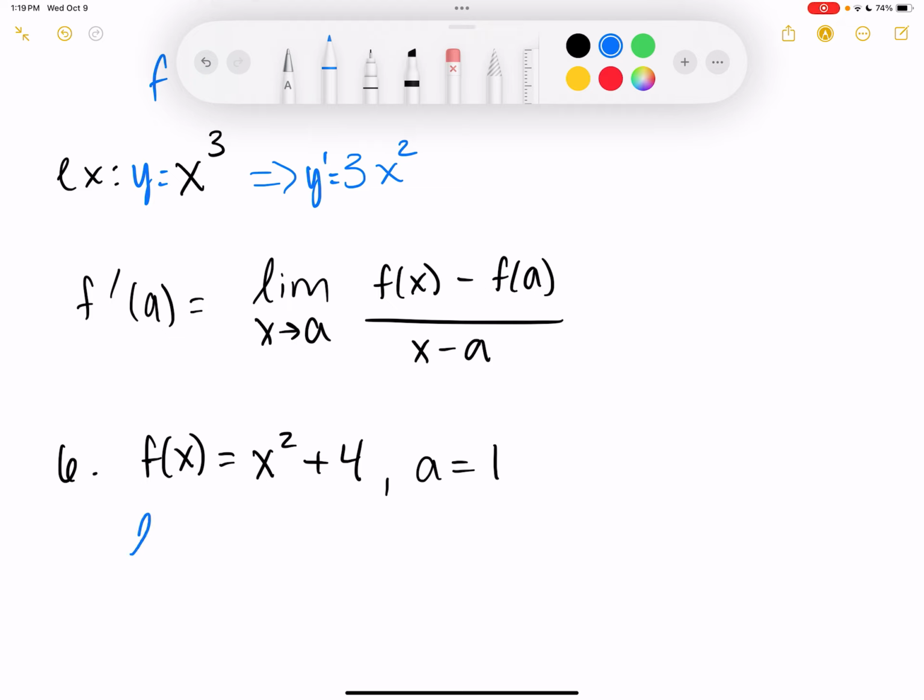All right, so the limit, notice it says x approaches a, so it's x approaches 1 instead of h approaches 0. Make sure I wrote something right. Did you do it right?